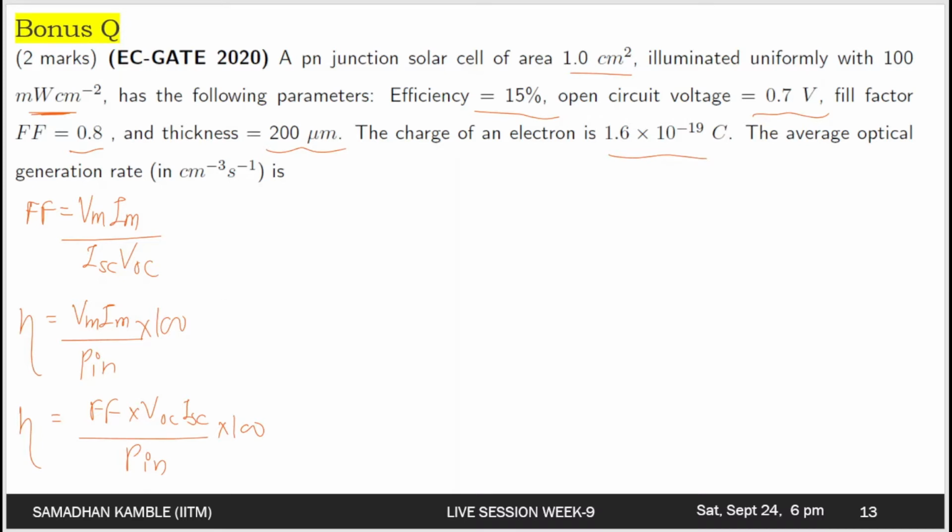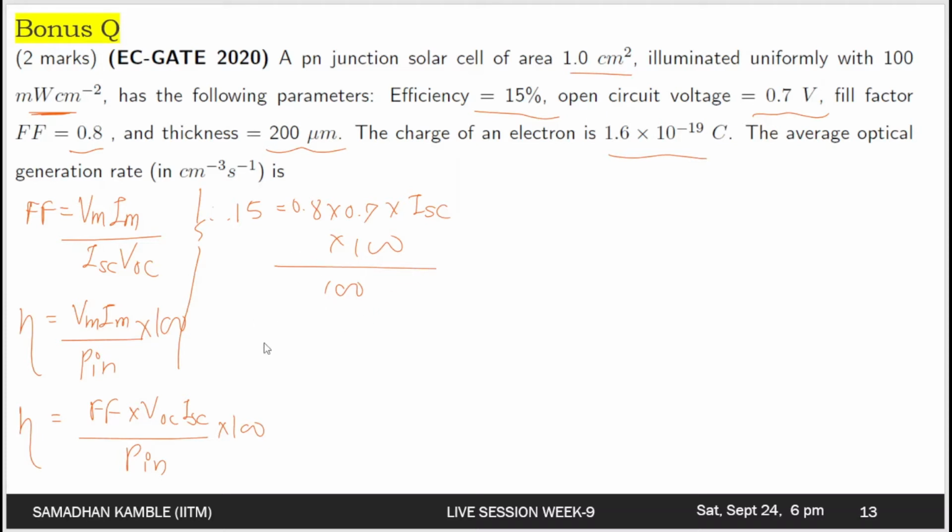We know that eta is given as 15%. So 15 is fill factor 0.8 times open circuit voltage VOC 0.7 times ISC, the short circuit current, times 100 divided by P in, which is 100 milliwatt per centimeter squared.